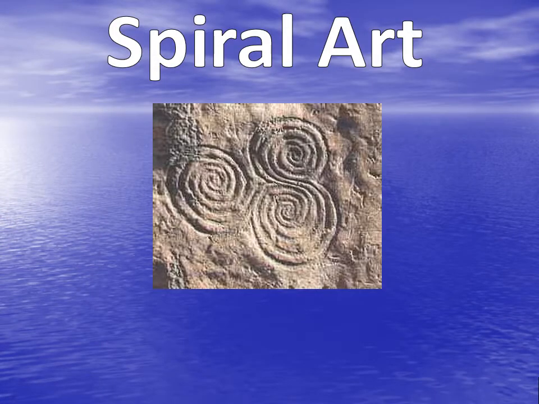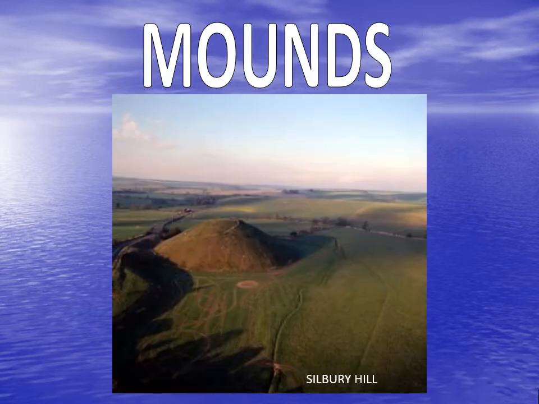So the Proto-Celts, the people before the Celts, or maybe the early Celts, did circles, they did spirals. Again, this is on a very ancient stone, much older than Stonehenge. I'll show you where that is in a minute. And it is these spirals representing the circle of life. They love circles so much.